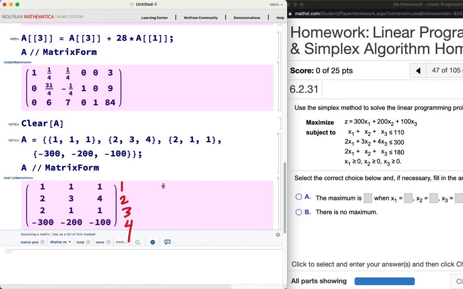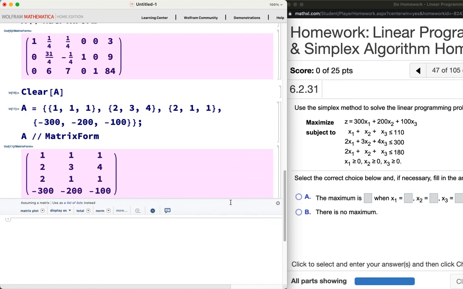So my matrix has 4 rows, which means I need to use the 4x4 identity matrix to represent the slack variables. So how am I going to do that in Mathematica? Join A, identity matrix 4.